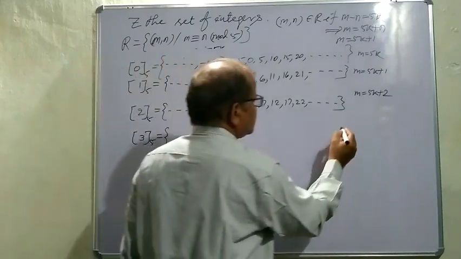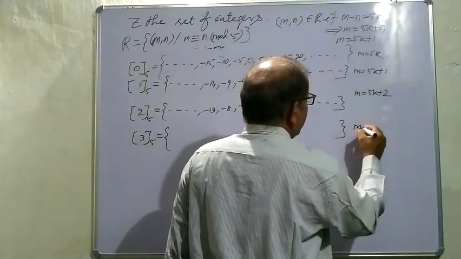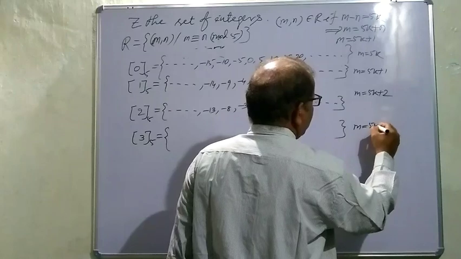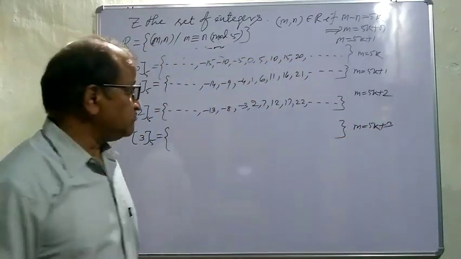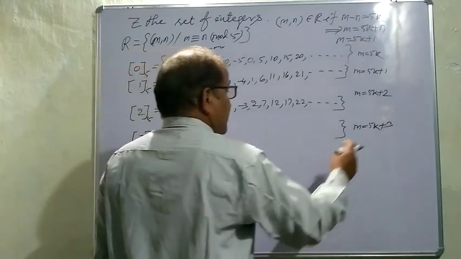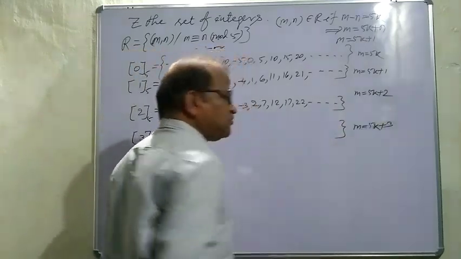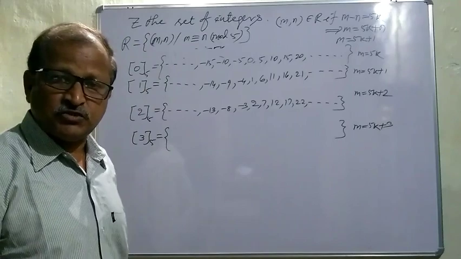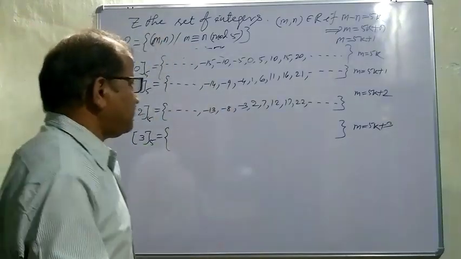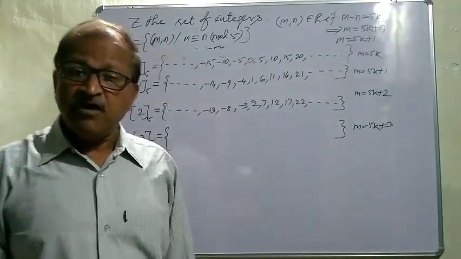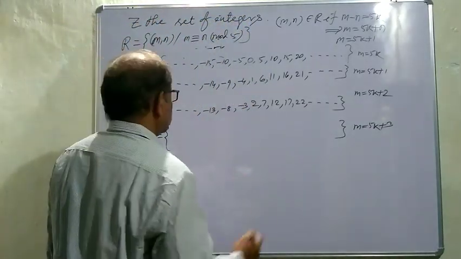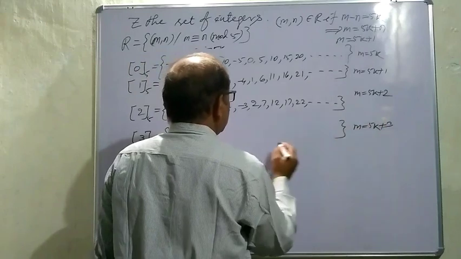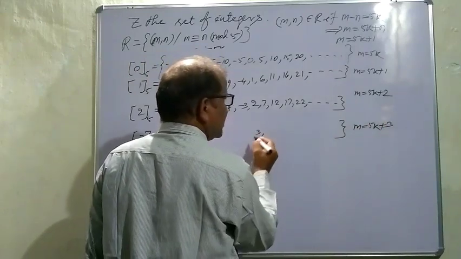Yes, the members will be m is equal to 5k plus 3. M minus 3 should be divisible by 5. So m is equal to, in the form, 5k plus 3. So for k is equal to 0, it is 3 itself.